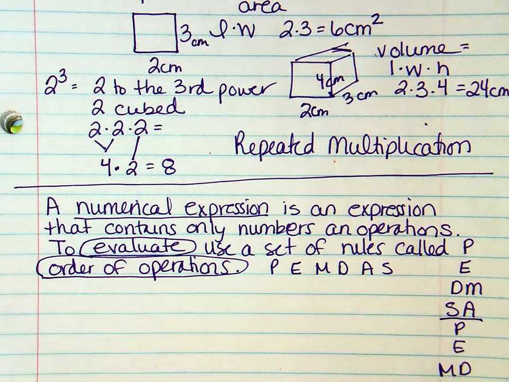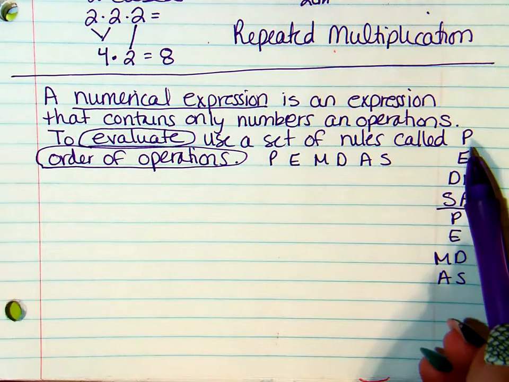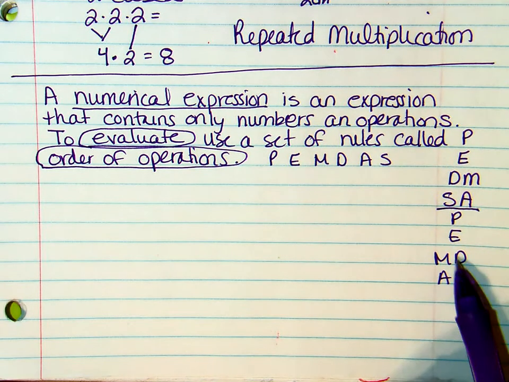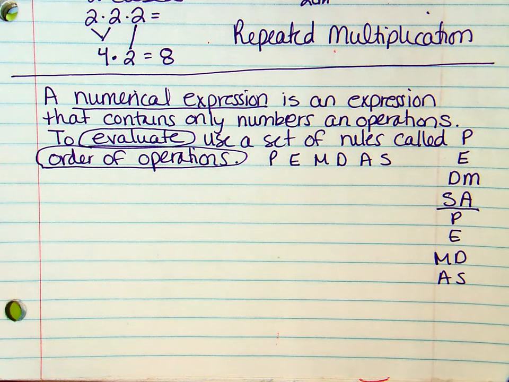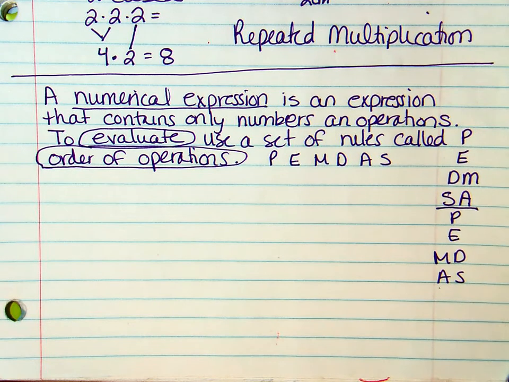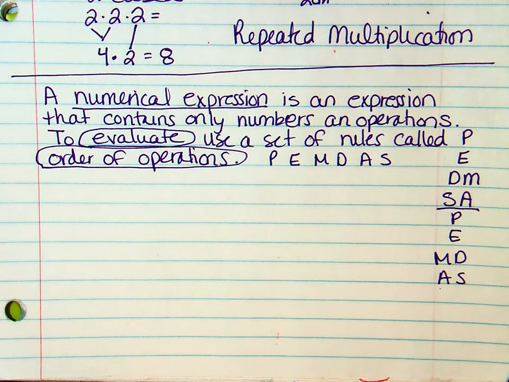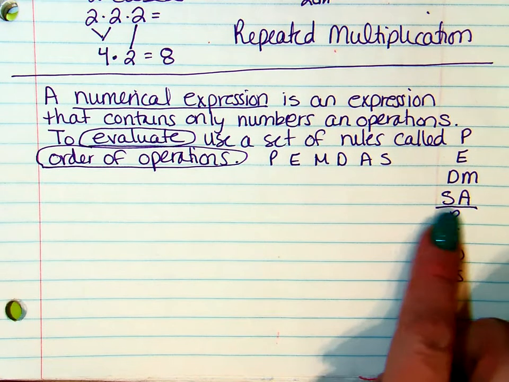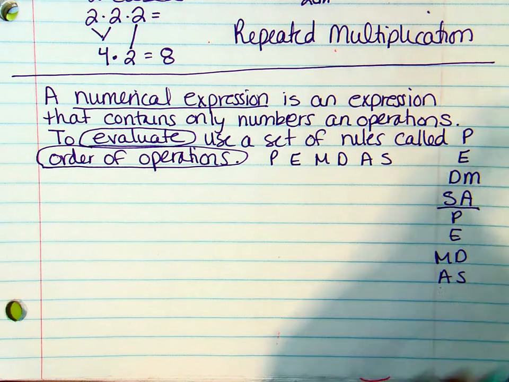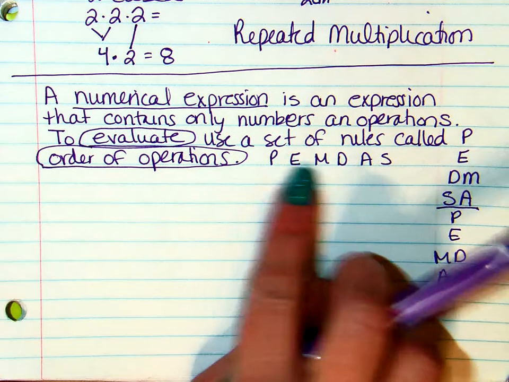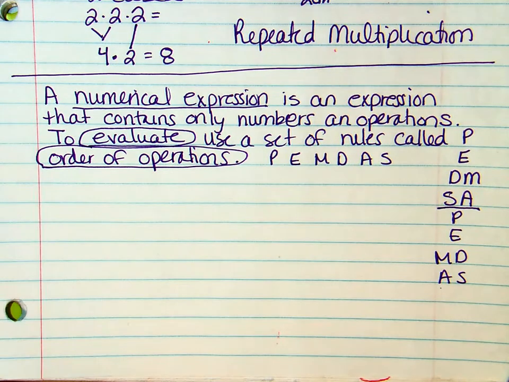And what I'm saying by this is it's actually parentheses, exponents, division or multiplication, whichever one comes first, from left to right, and subtraction, addition, or addition, subtraction, whichever comes first from left to right. So these two actually can either go first, and these two can either go first. It doesn't have to be addition first, and it doesn't have to be multiplication first. And I think that's where this can actually be confusing.